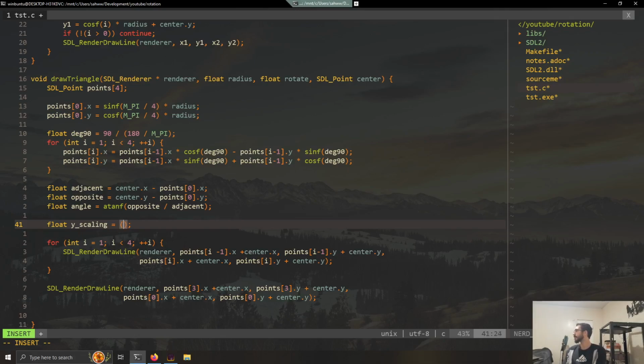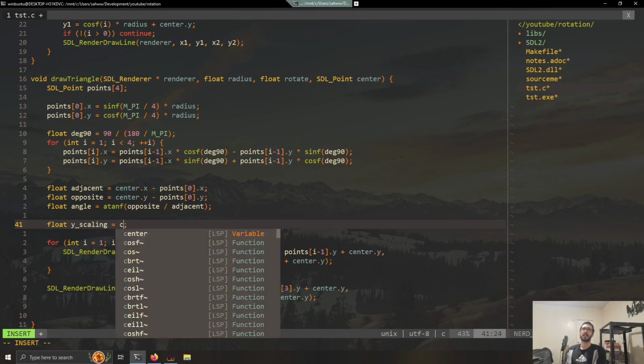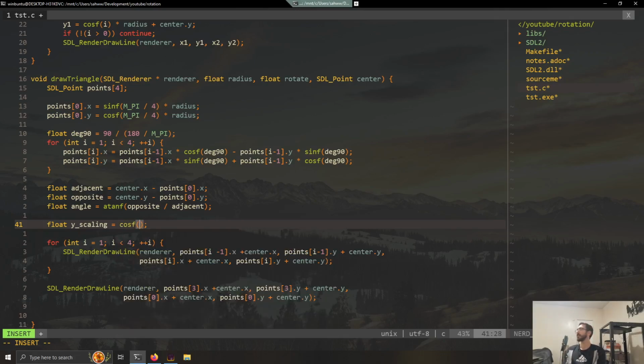Equals. I'm looking at previous code just to make sure I get this right. I think I just did cosine f and put the rotate thing in here.